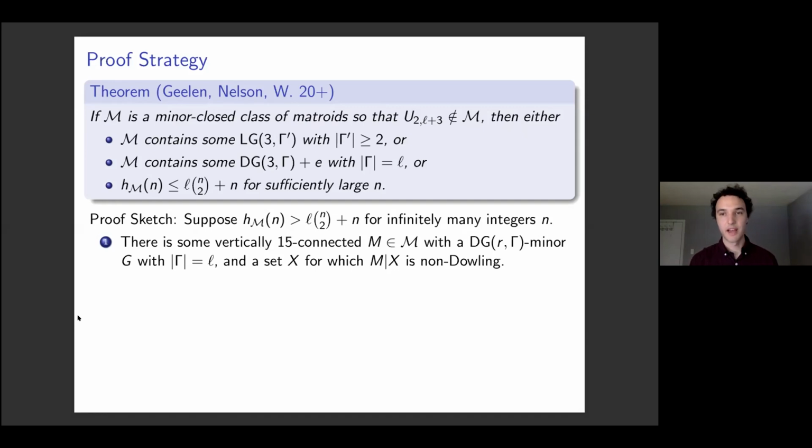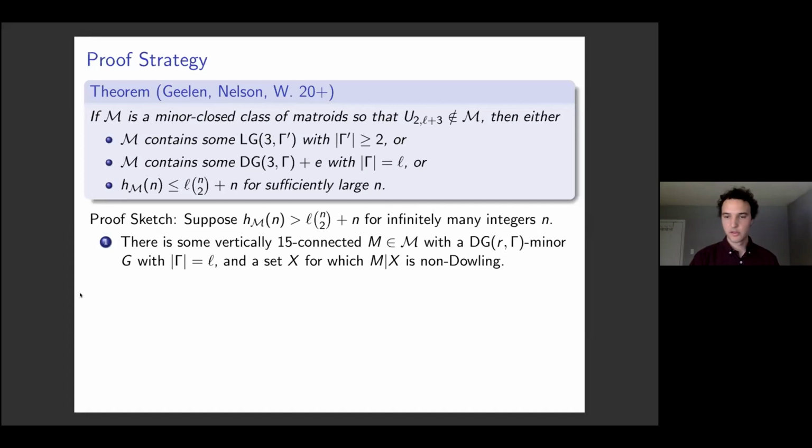By non-Dowling, I just mean that this restriction is not a restriction of any Dowling geometry. And if you aren't familiar with vertical connectivity, that's not important. What is important is that this matroid has some nice connectivity property.